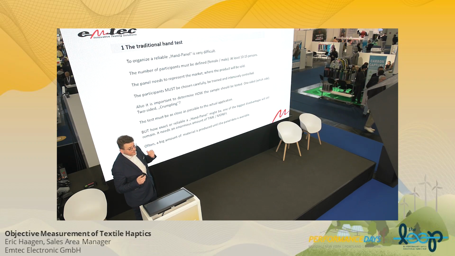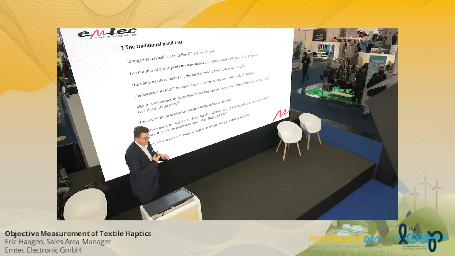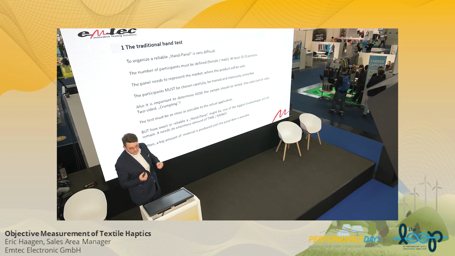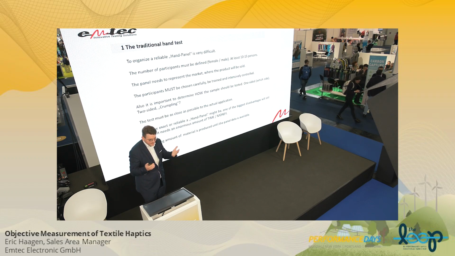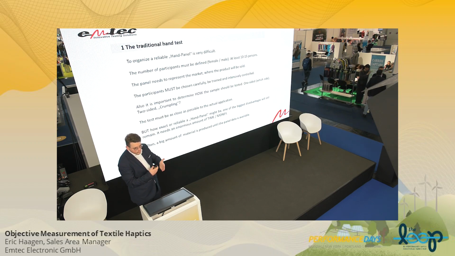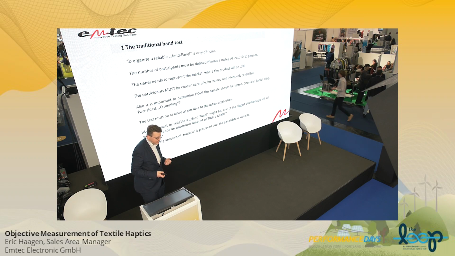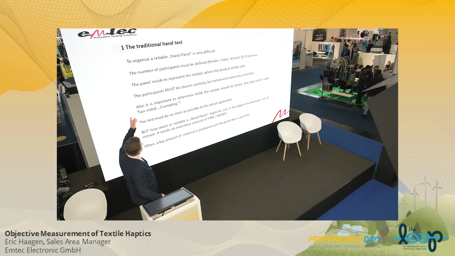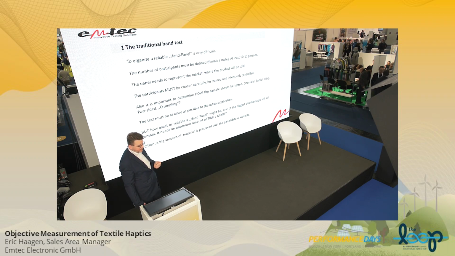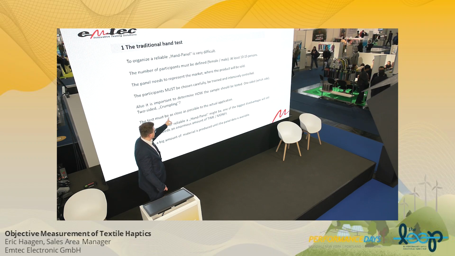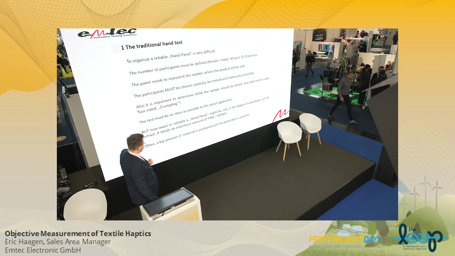The hand feel panel has to be monitored very strictly. For example, if you have someone in your panel who is not sensitive, because maybe he has worked in the garden, then he will ruin your hand panel. The hand panel also needs to be representative of the market where the product will be sold, and it needs to be as close as possible to the actual application.